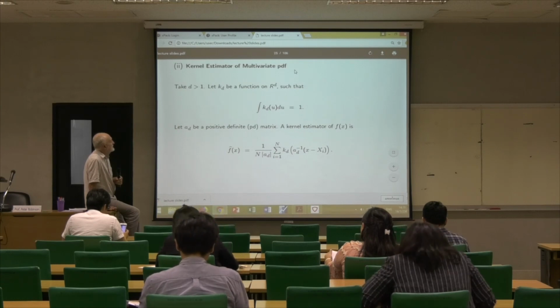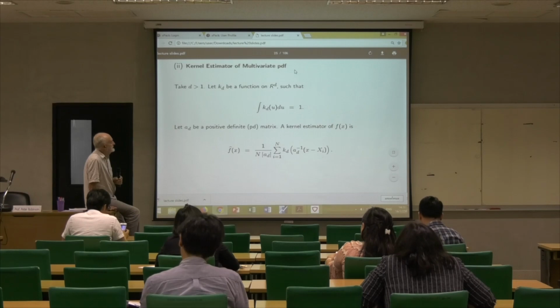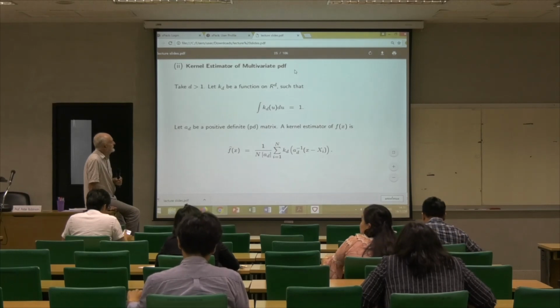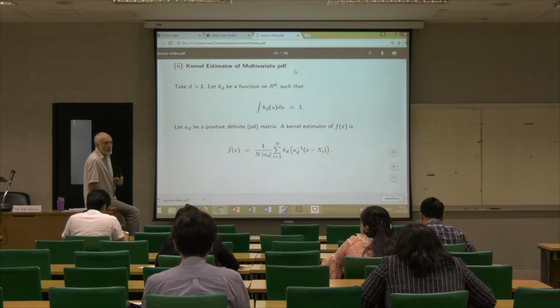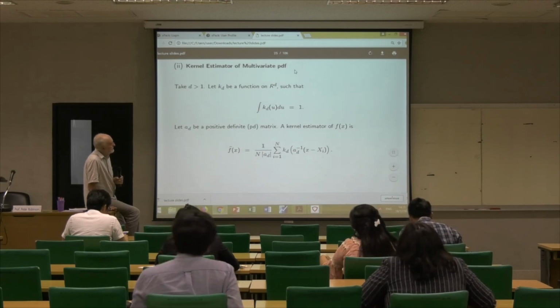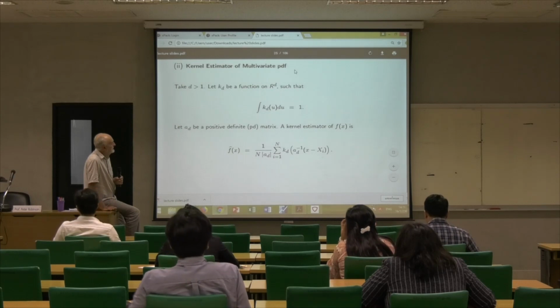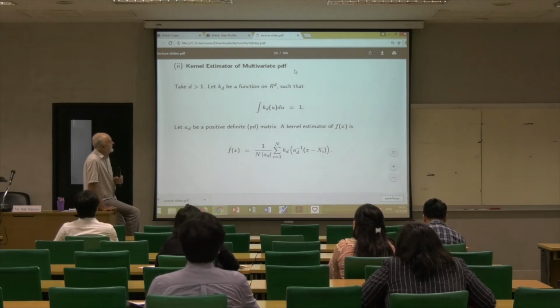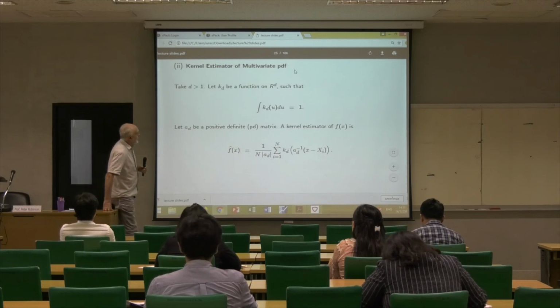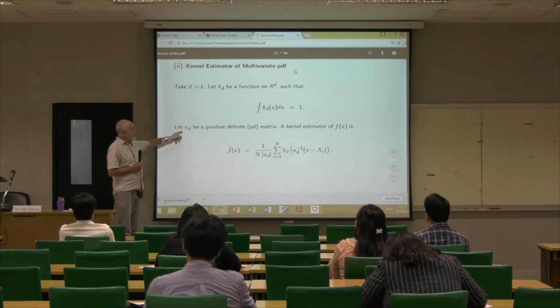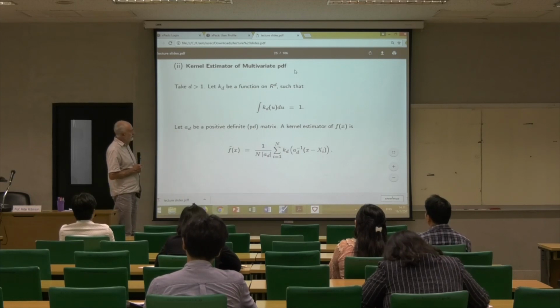So I'm considering now some extensions of the kernel density estimate, and so we think of a function defined on R^d, the d-dimensional real space, that again integrates to 1. And to be very general, I'm allowing now for a matrix valued bandwidth, which is positive definite. For the scalar case, it just has to be positive.